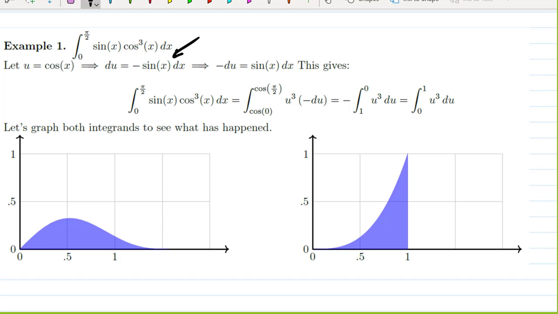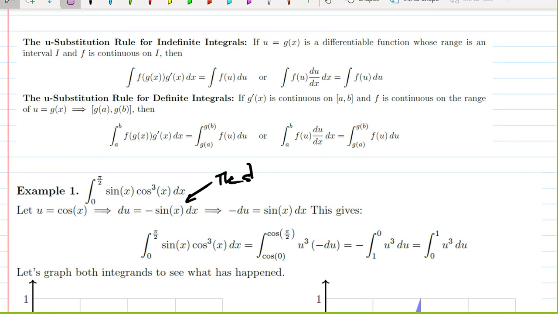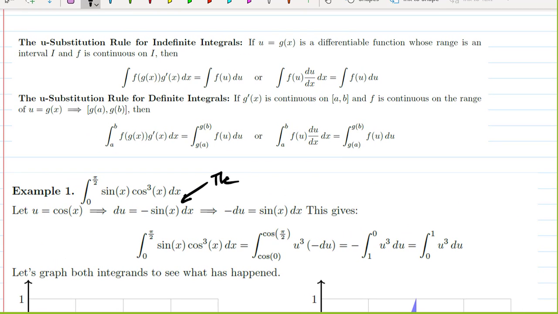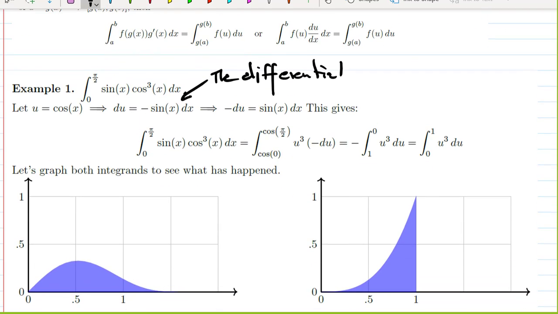So this is the differential. So then du, the derivative of cosine is negative sine, so du is equal to negative sine x dx. And then we will notice in this case we have sine x dx, which we would also have in the original. So sine x dx is then equal to negative du.